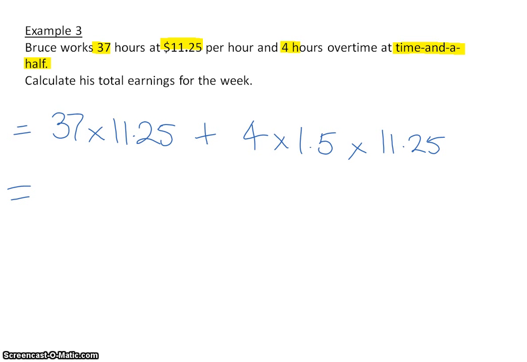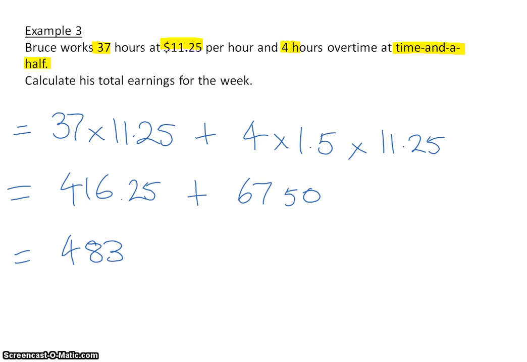So just doing the little calculations, $416.25 plus $67.50. Add the two together and we've got our final answer of $483.75. And remember to always put the dollar sign.